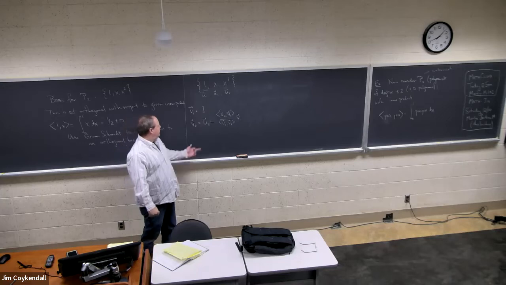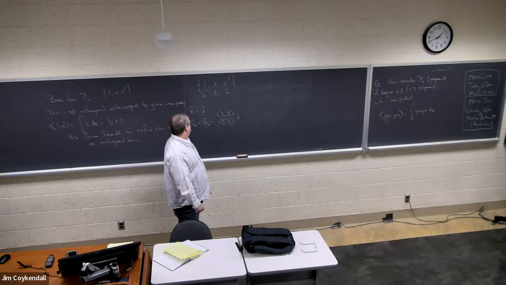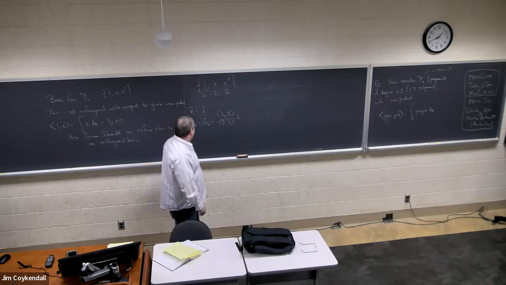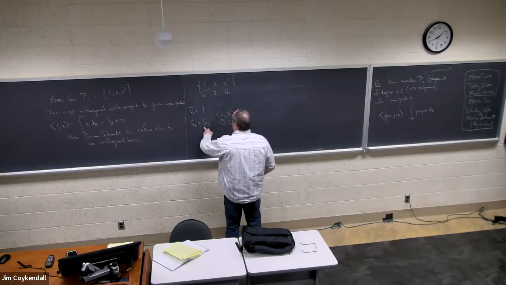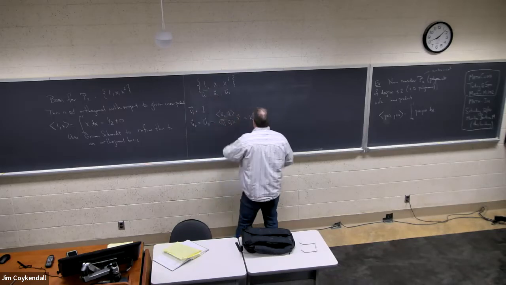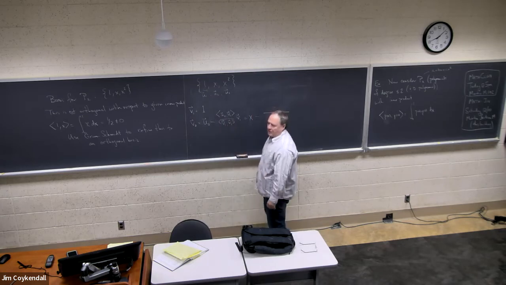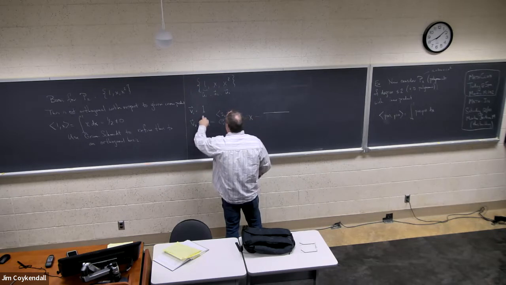And of course, what we should get is something that is orthogonal to the original B1. So let's see what we get. U2 is x, and B1 is 1.